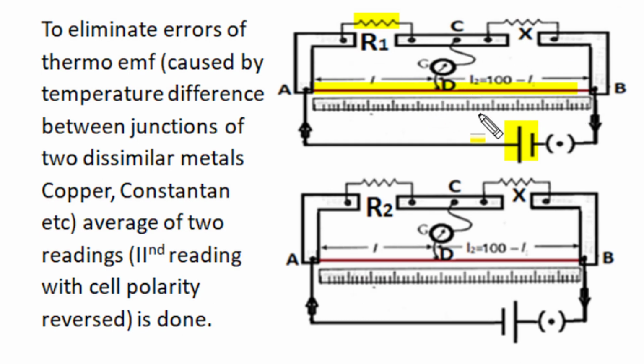To compensate such error of thermocouple we take the geometric mean of two readings, and the second reading is obtained by interchanging the cell terminals, so that if in one polarity of cell connection the thermo EMFs are supporting, then in the other connection they may oppose the cell voltage, and the geometric mean of the two readings will compensate the thermo EMF error.